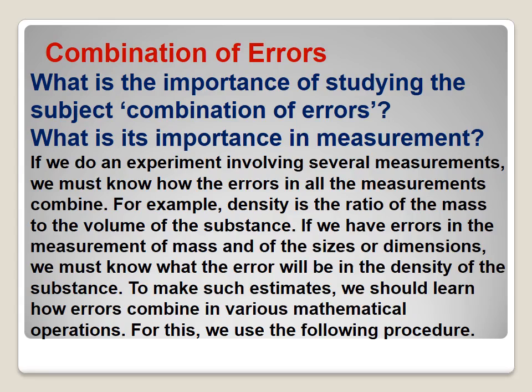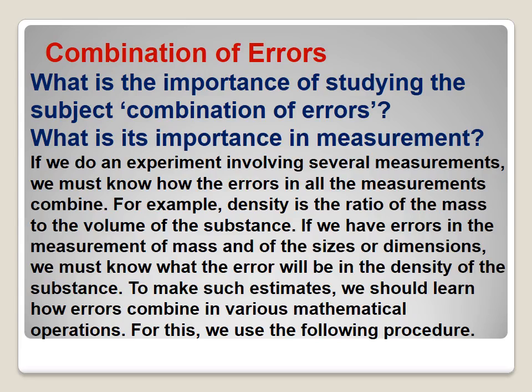Here, division is the mathematical operation we use to get the density of that substance, since density is equal to mass divided by volume. For this type of calculation, we should learn how errors combine in various mathematical operations.